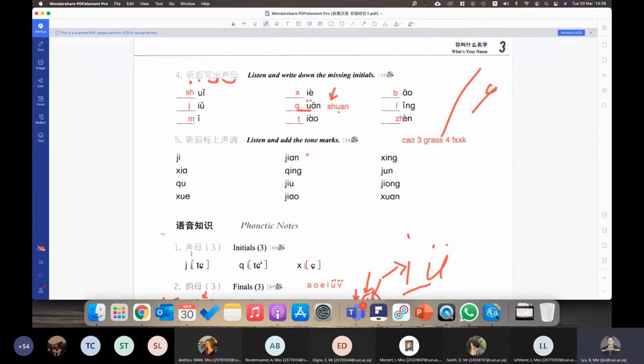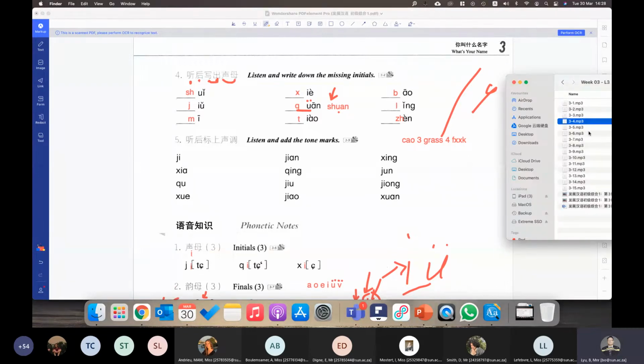Okay, number 5, my favorite one. Listen and add the tone mark.